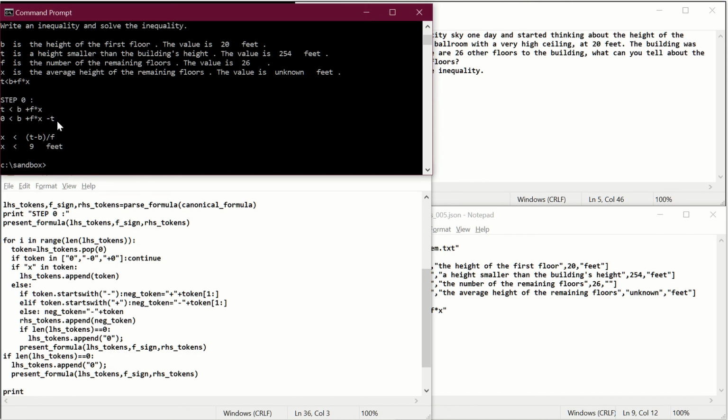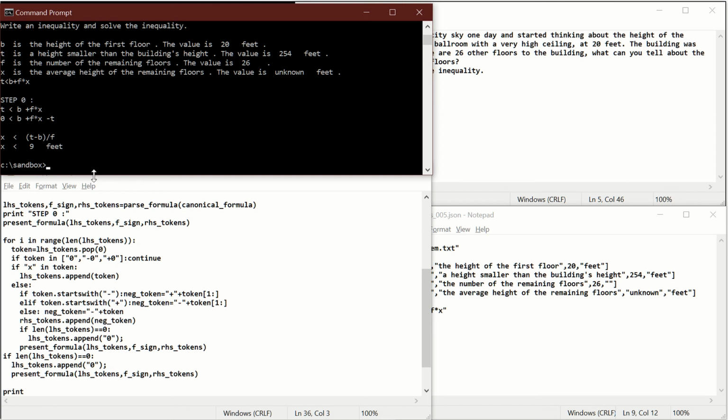T has been moved to the right hand side and 0 has been added to the left hand side tokens because left hand side tokens was empty. Okay, so now I'm confident that our algorithm is reasonably good, so we took in consideration if there is a 0, we added a 0 if the list is empty.